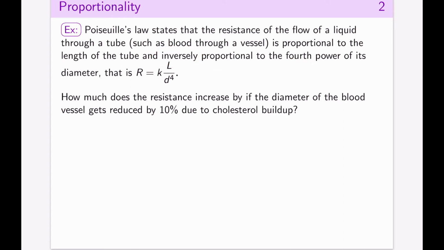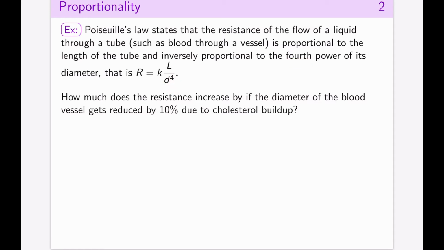Quite a mouthful, but here's the formula, and let's work through it. The resistance of the flow of a liquid, R, is proportional, with proportionality constant K, to the length of the tube, L, and inversely proportional means it will appear in the denominator, hence the fraction, to the 4th power of the diameter of that tube.